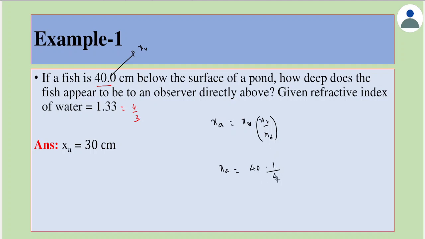So 4 by 3, and from here the 4 ones are, it becomes 10 into 3. It goes on top. The x apparent becomes 10 into 3, which is 30. Since this was in centimeter, even this should be in centimeter only. So it is 30 centimeter. It is common sense that the fish appears to be closer towards the surface, as seen in the earlier diagrams.